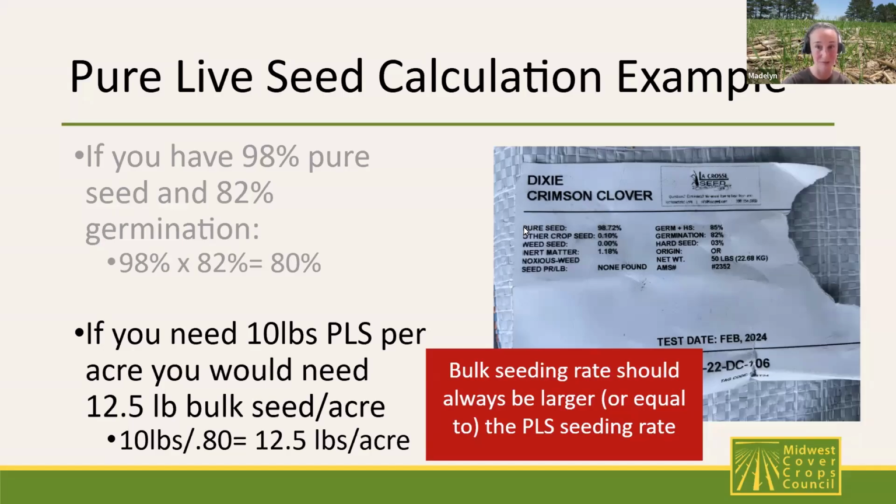So if you go through these calculations and your bulk seeding rate happens to be lower than your pure live seeding rate, then you've done something wrong. That's a trigger that you've got to go back and do it again. So I like to remember that bulk seeding rate is always going to be larger. And if it isn't, go back and try again.